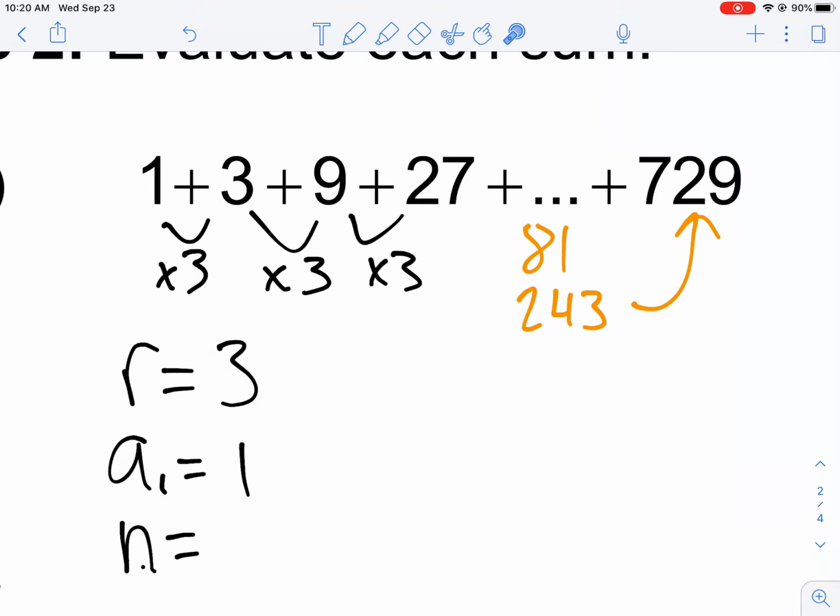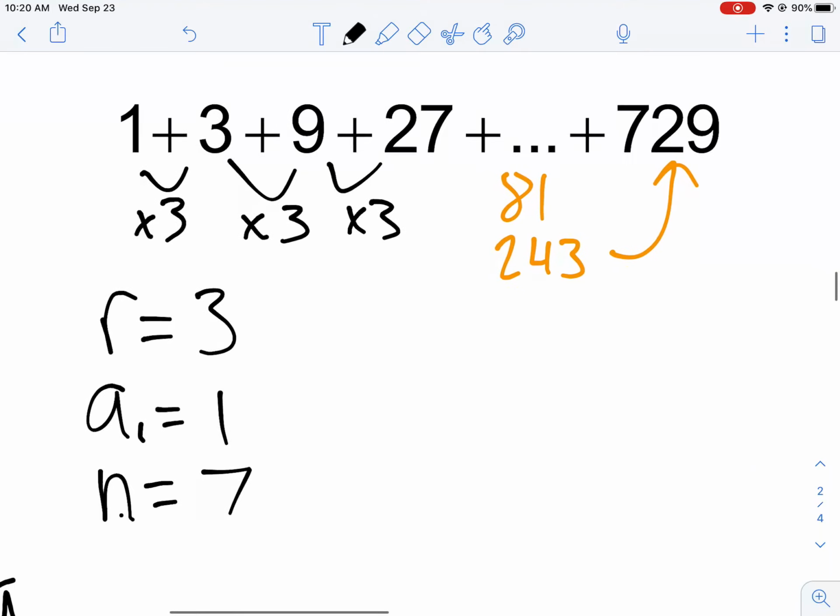So if we count this up, 1, 2, 3, 4, 5, 6, 7, n is 7. Again, be careful not to double count terms. If you write 729 down here, make sure you don't double count it. Just be aware of that.